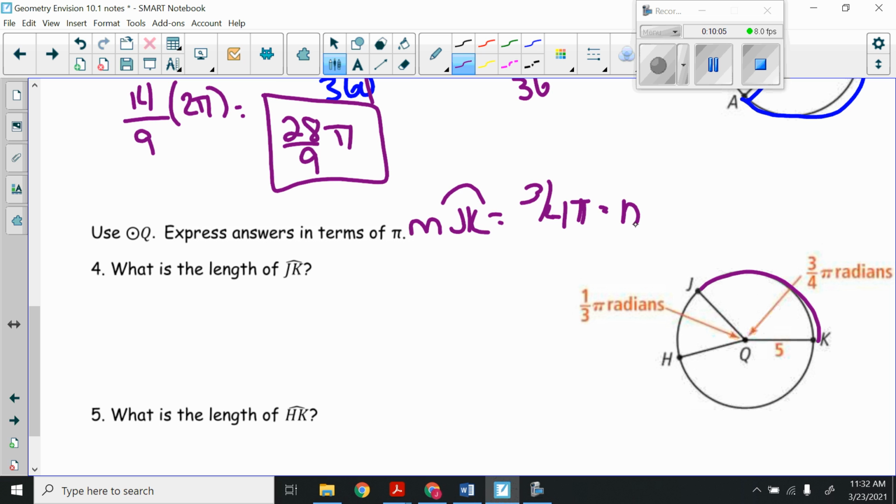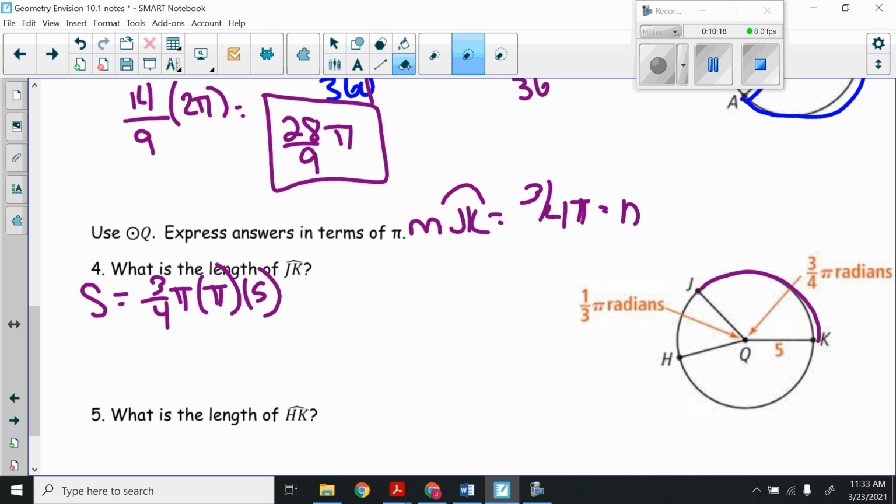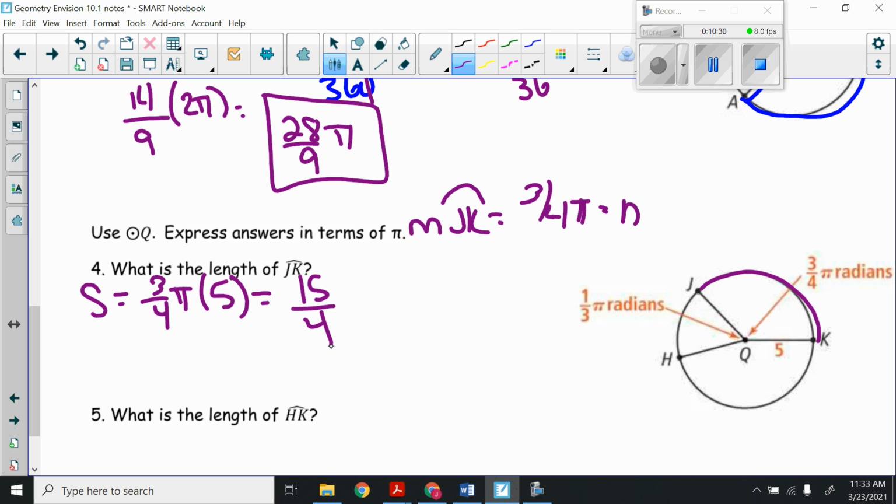So the arc length, S, equals 3/4 pi, that's my theta, times my radius, which is 5. So on top, 5 times 3 is 15 over 4. They don't have anything in common, and then pi. So my answer is 15/4 pi.